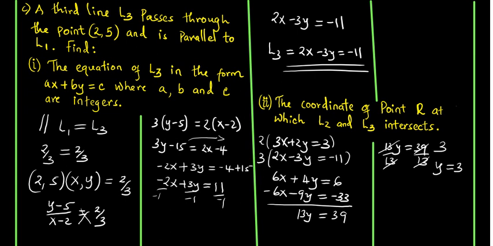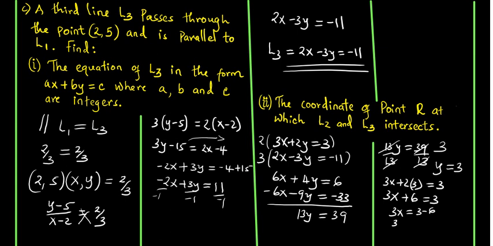After getting the value of y, we substitute it in the first equation to get the value of x. So 3x plus 2 times y, where y is 3, should be equal to 3. 3x plus 2 times 3 is 6, equals 3. We take positive 6 to the other side, so we have 3x equals 3 minus 6.